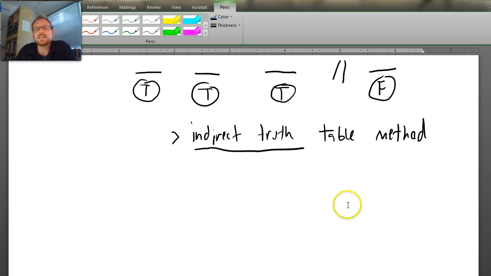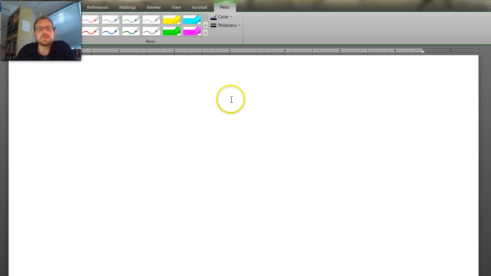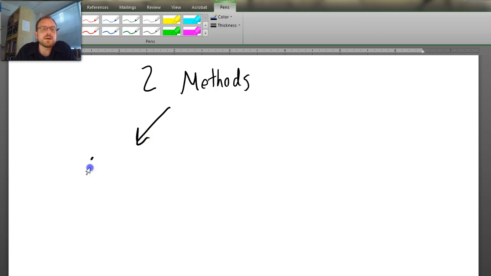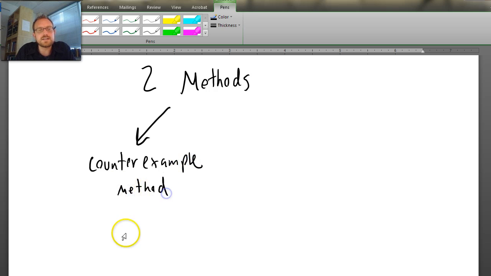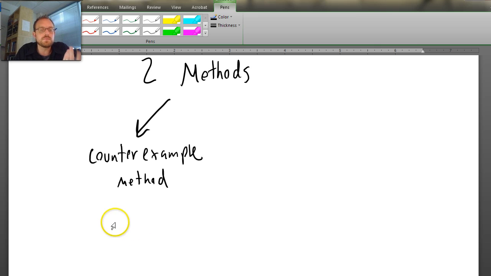So let's get into today's session, in which there's two methods for proving an argument as being invalid in predicate logic. The first method here is the counterexample method. And the counterexample method essentially meant that first we symbolized an argument, then we tried to come up with a substitution instance in which you would have all true premises and a false conclusion.